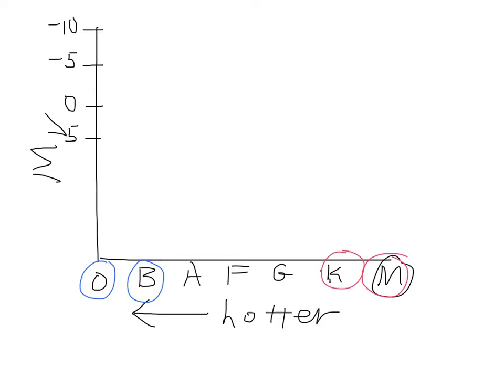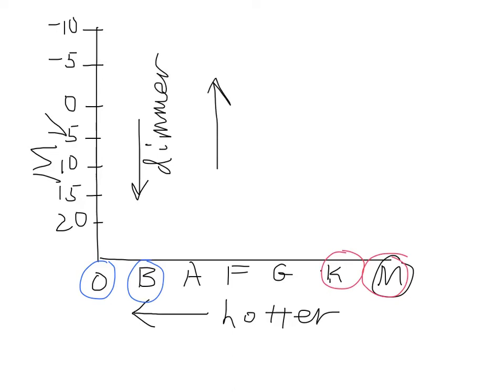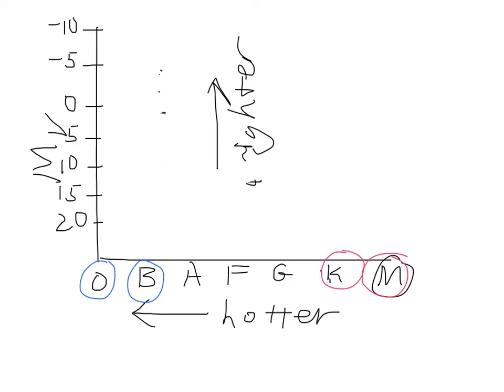So your axis might run something like this, and it gets dimmer this way and brighter towards the top, even though the numbers seem to go backwards. That's how magnitude works. So keep that in mind. The numbers get bigger going down, not going up, when you're using magnitude for your brightness gauge.